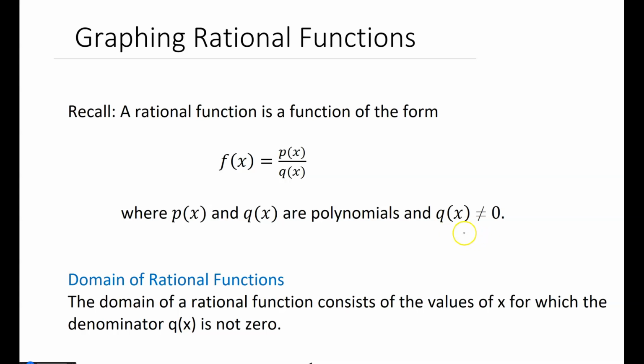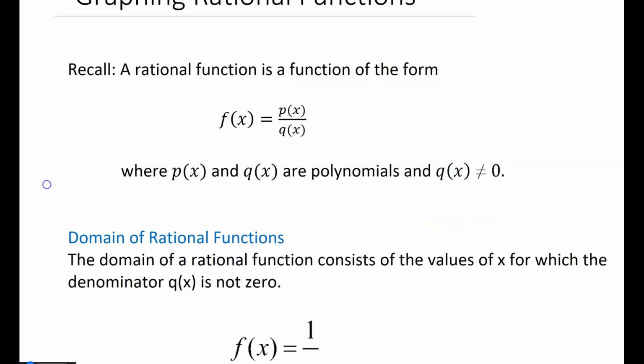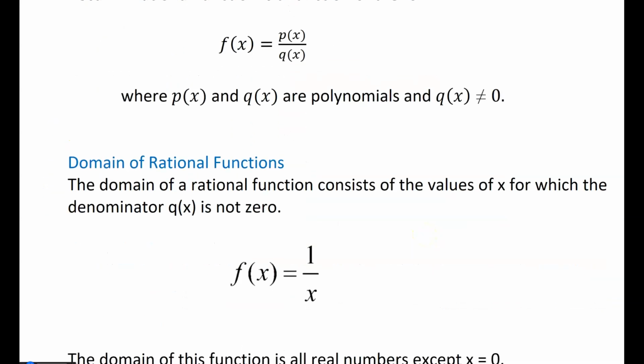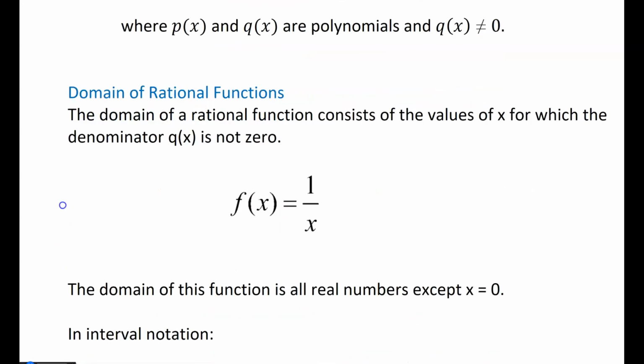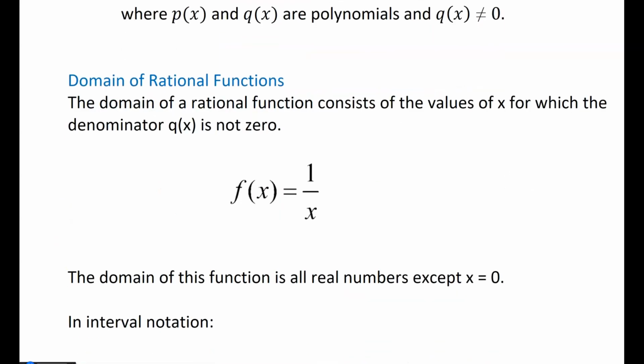We've already talked about the denominator cannot be equal to 0. The domain of these rational functions we have also talked about. Any value of x that would make the denominator equal 0 is not in the domain. It is a restriction on the domain.